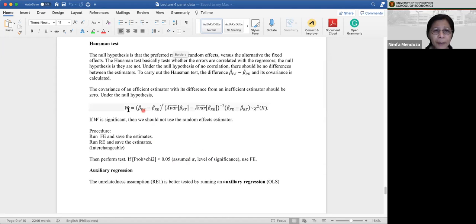To implement the Hausman test, you would run fixed effects estimation and save the estimates, run random effects and save the estimates, and you would also need to get these covariance matrices.